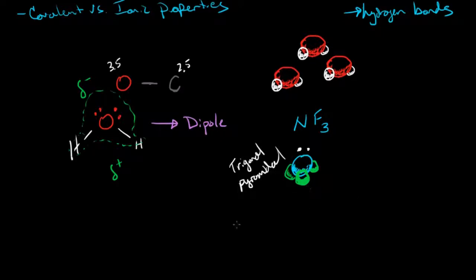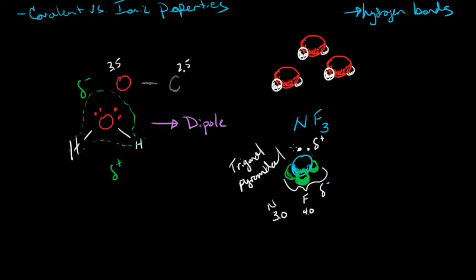But with a nitrogen-fluorine bond, oxygen is 3.5, and I think nitrogen is 3.0, and fluorine is 4.0. So where are all these electrons going to be? They're going to be by all the fluorines, right? Okay, and so that means this end down here is going to have this negative charge. And even though there's a couple of electrons sticking out here, this end is going to be more positive.